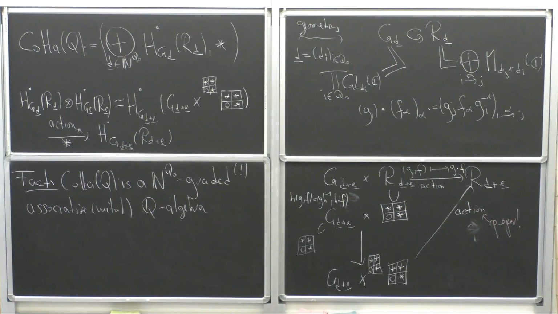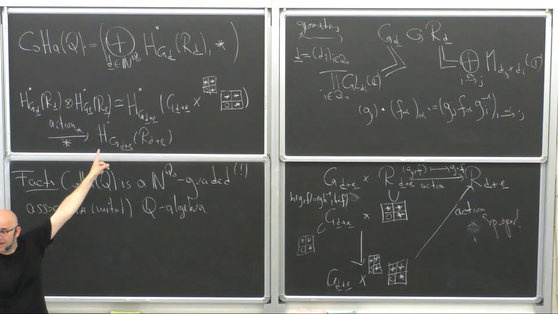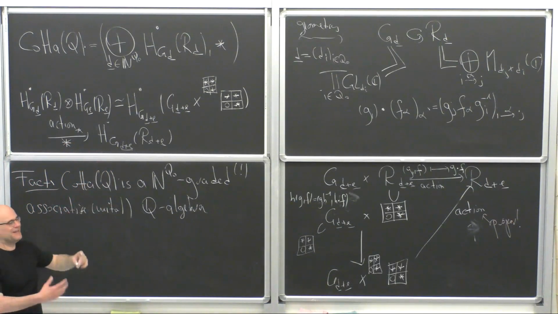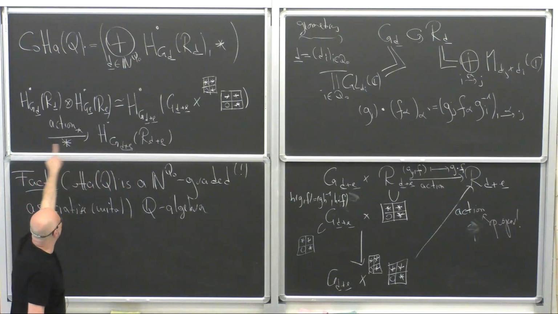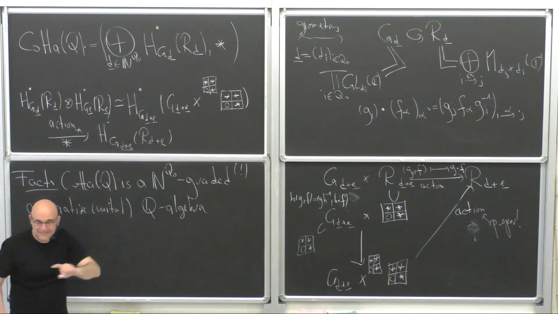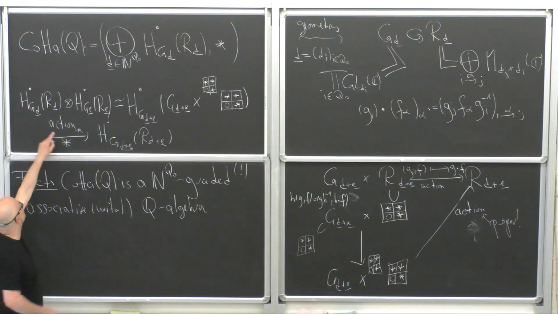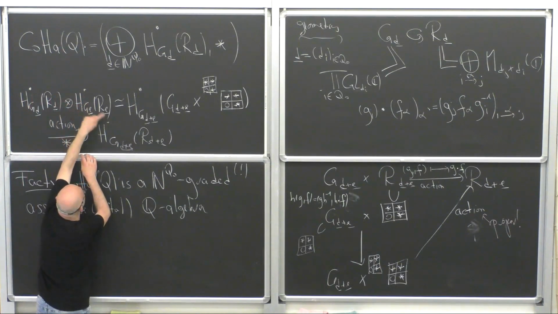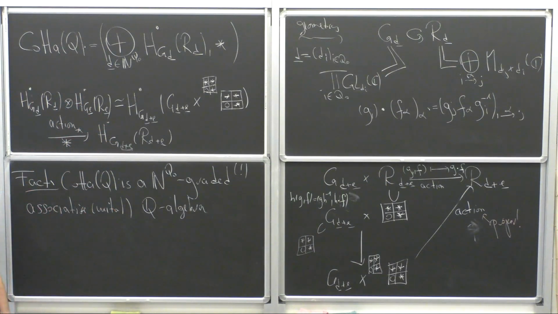But yesterday I showed you that there is another grading on the cohomological Hall algebra, namely the grading by cohomology degree. Now the problem is, this whole chain of identifications is not compatible with cohomology degree. If you start in degree A here and B here, you do not end up in degree A plus B, but the degree is shifted by a non-symmetric bilinear form, which plays an essential role, which we will discuss later today.